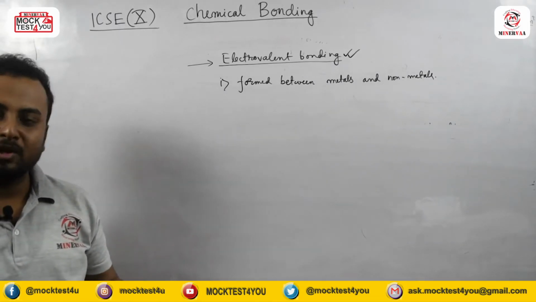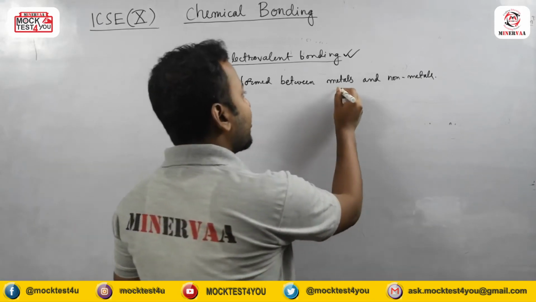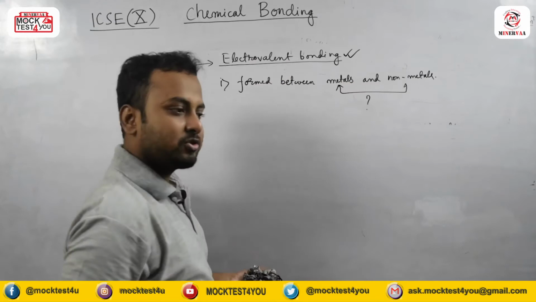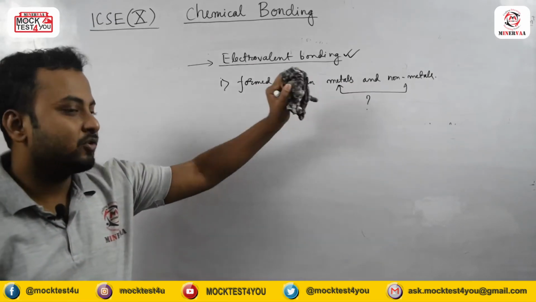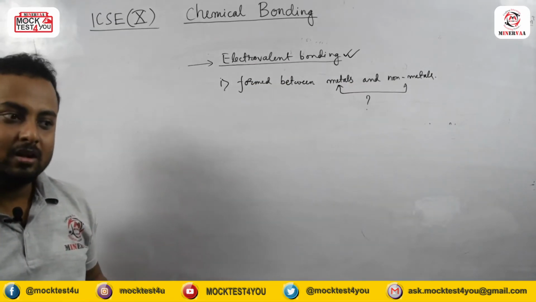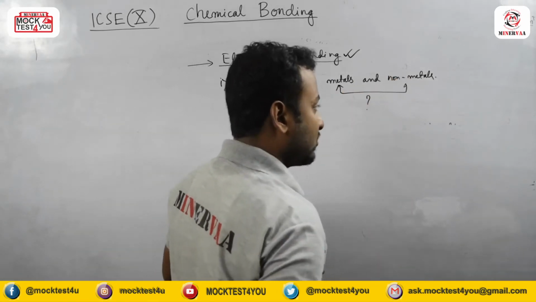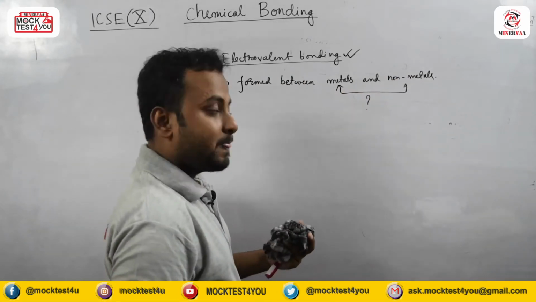A question can come to your mind: why between metals and non-metals? This is a simple question. It can occur between metal and metal, or between non-metal and non-metal, but why between metals and non-metals? That we will study next.